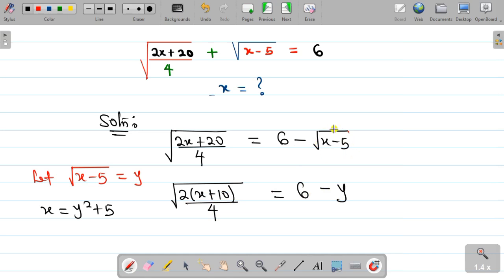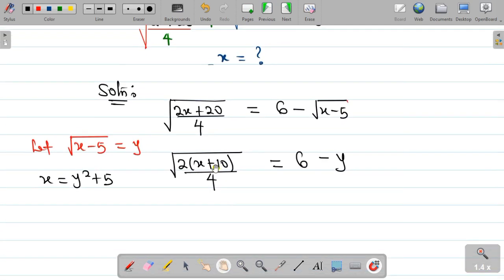So we can quickly replace this with y since we called it y already. Of course, you will discover that this will reduce this to 2. So you just have the square root of x plus 10 all over 2 to be equal to 6 minus y.